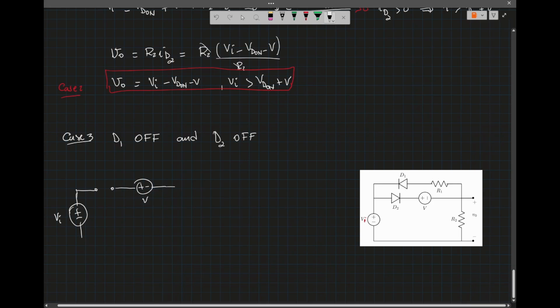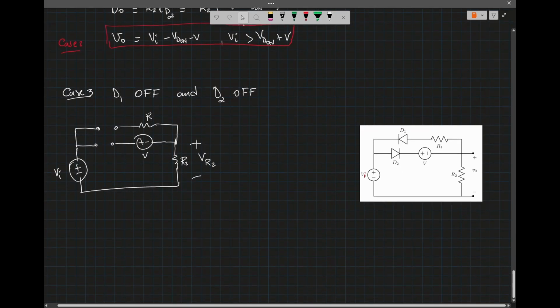V R2. This is also open. R1. But the voltage here is VR2, which is V0.